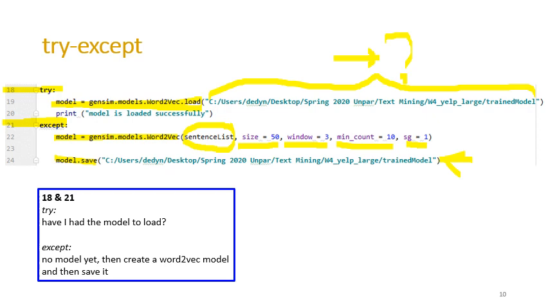It may take a day or more, and you need to just keep waiting for that. So I strongly suggest that anytime after you create a word2vec model, you save it. So next time you reopen your PyCharm, you can just conveniently load that model. Okay, so that's how I use the try except function to keep my word2vec model.